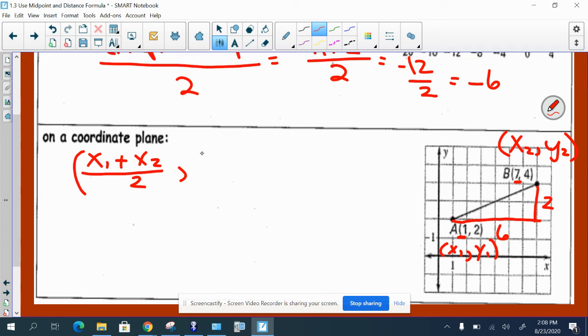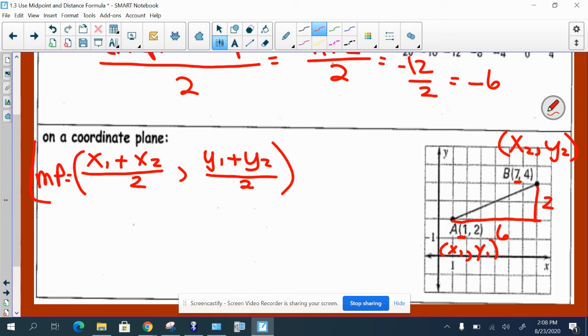The y-coordinate would be the same thing, y1 plus y2 divided by 2 to get the average. So add up the x's, divide by 2, add up the y's, divide by 2. That is your midpoint formula.